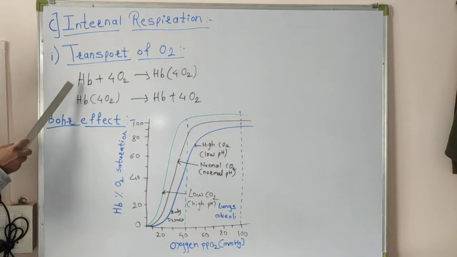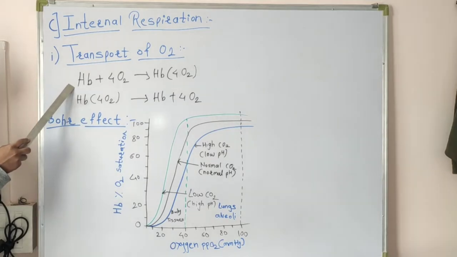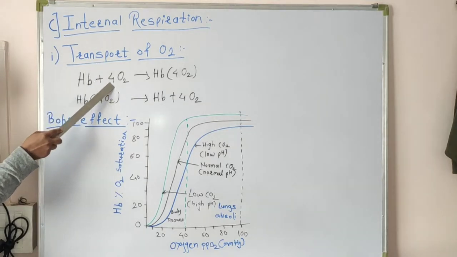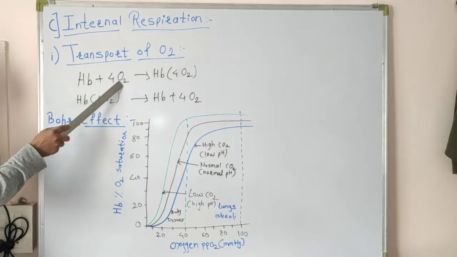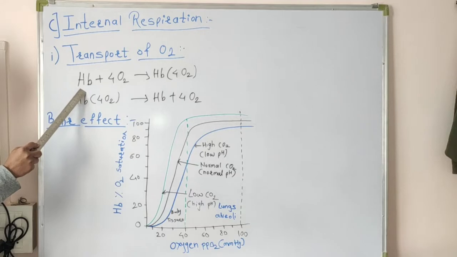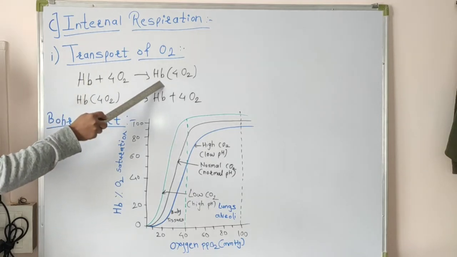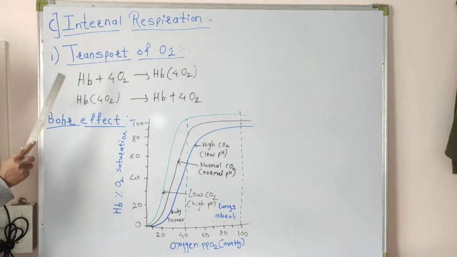Now see here, this is the hemoglobin and these are the 4 molecules of iron, and this is the oxygen. Oxygen binds to the hemoglobin and it forms oxyhemoglobin.